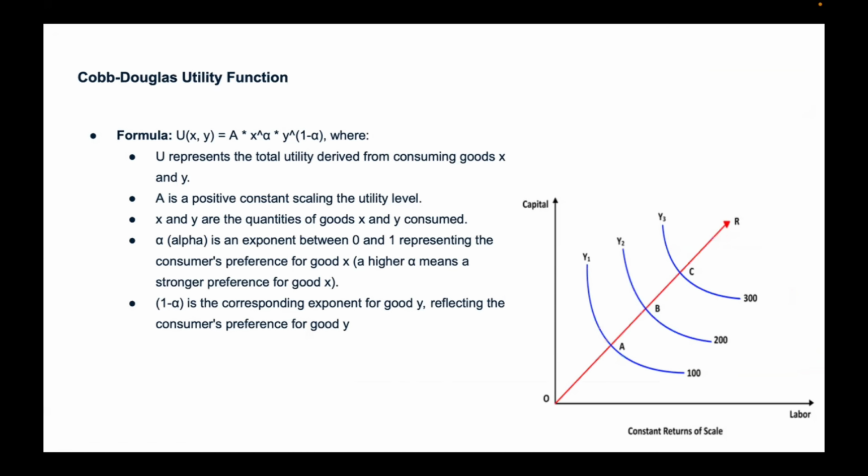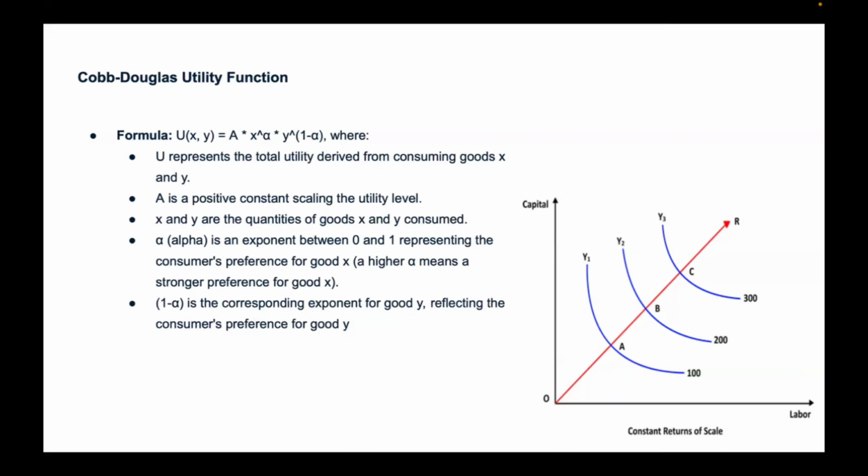In this chapter, we'll also be discussing utility functions such as the Cobb-Douglas function, which are central to understanding consumer satisfaction in economic models. The Cobb-Douglas function that we're looking at, the utility of X and Y, represents how a consumer derives utility from two goods, X and Y. The exponents A and 1 minus A reflect the consumer's preferences for each good, showing how much satisfaction they gain from consuming each.